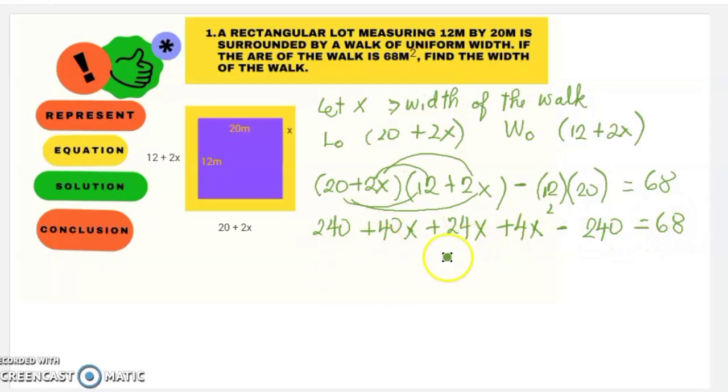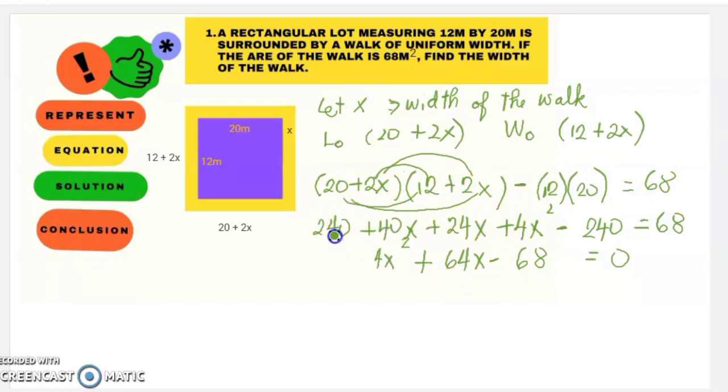Then we combine like terms. So we will have 4x squared plus 64x minus 68 equals 0. Nilipat ko na to. So, diba, 40x plus 24x is 64x.